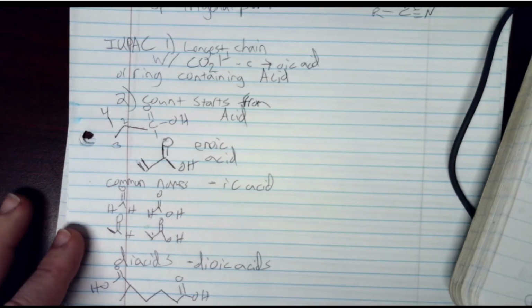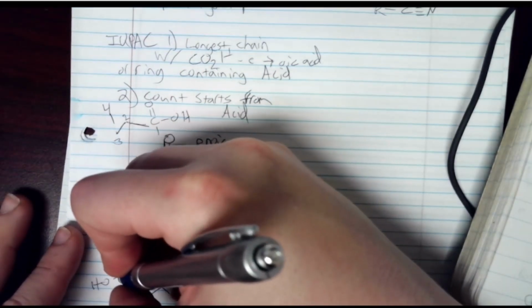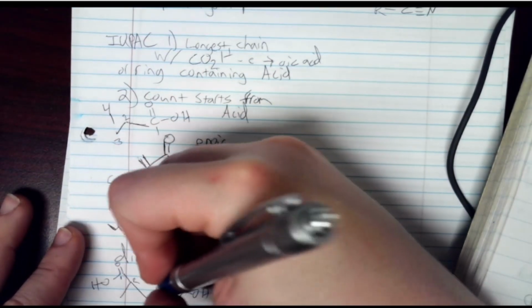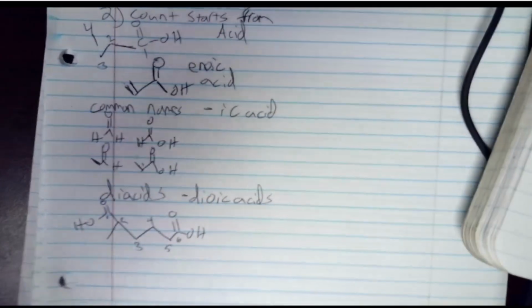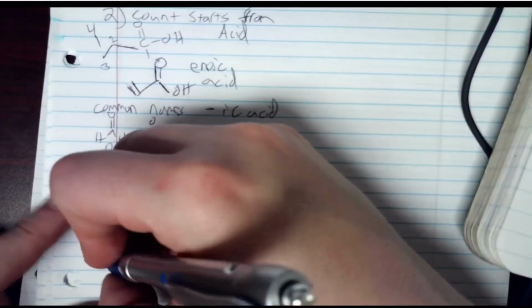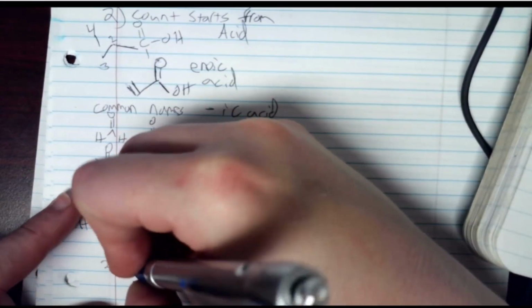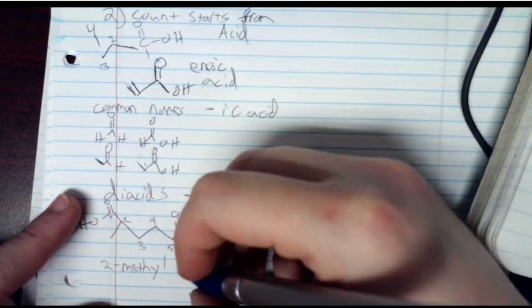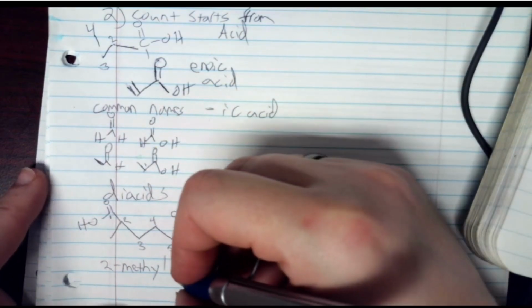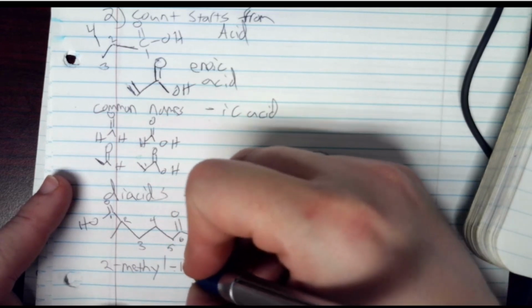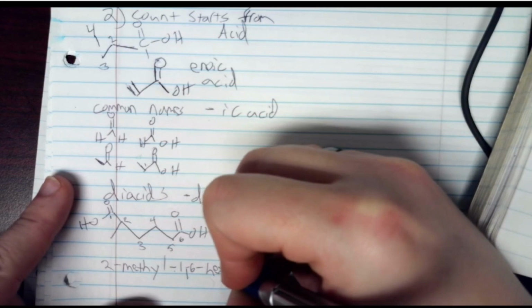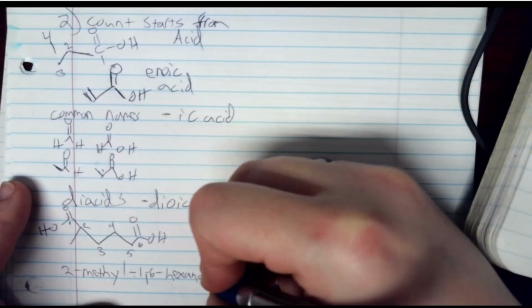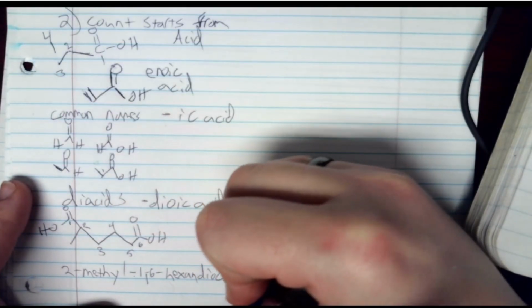I would, in this case, call that 1, 2, 3, 4, 5, 6, 6 carbons. This would mean it's 2 methyl, then 1,6 hexanedioic acid.